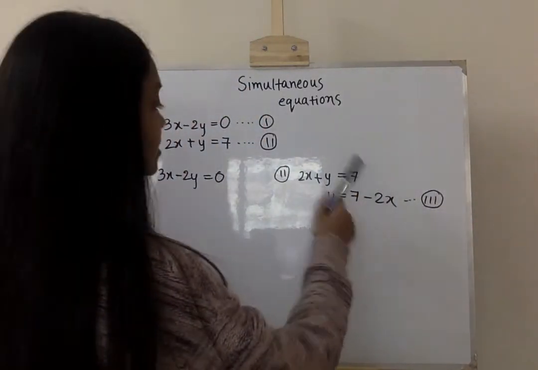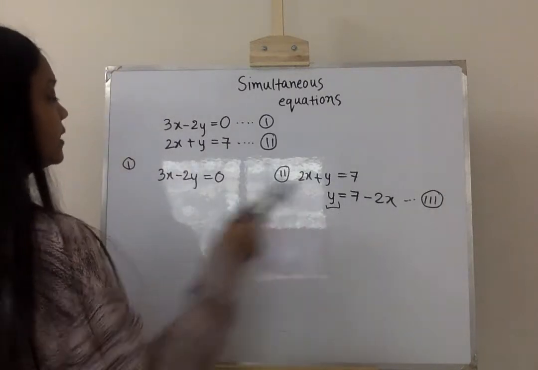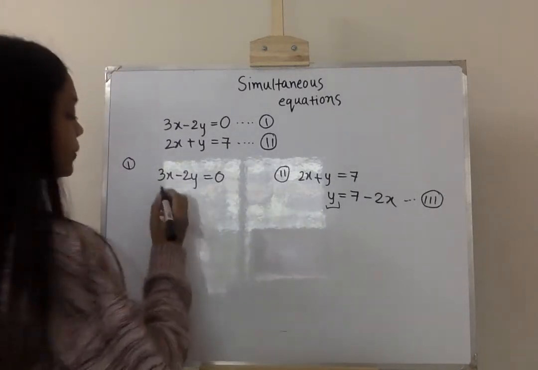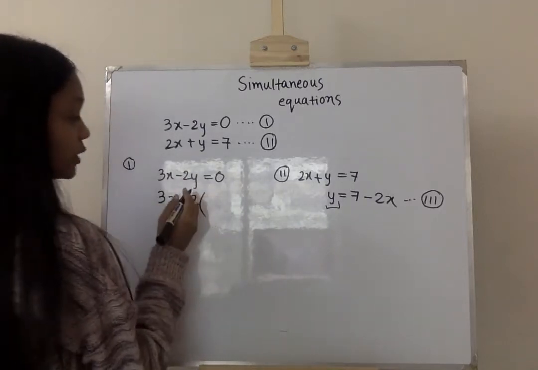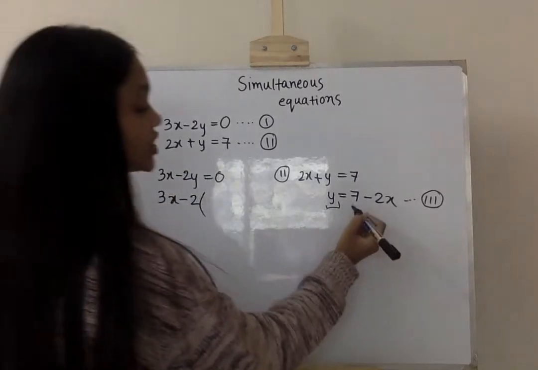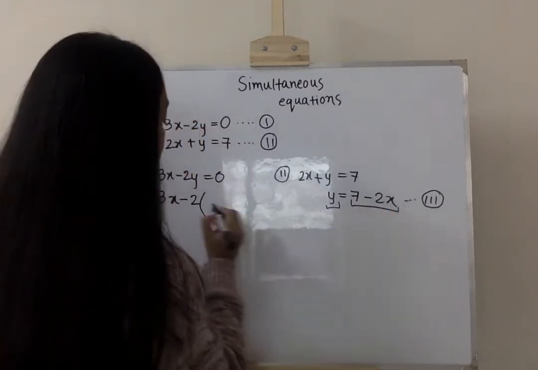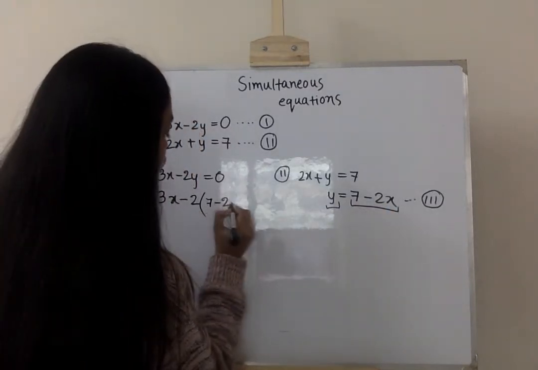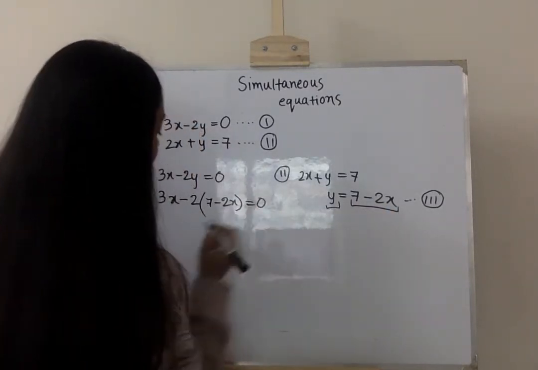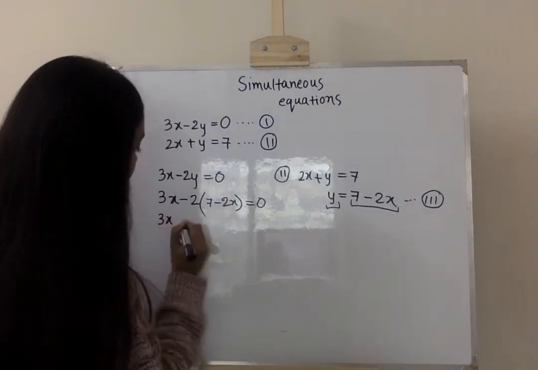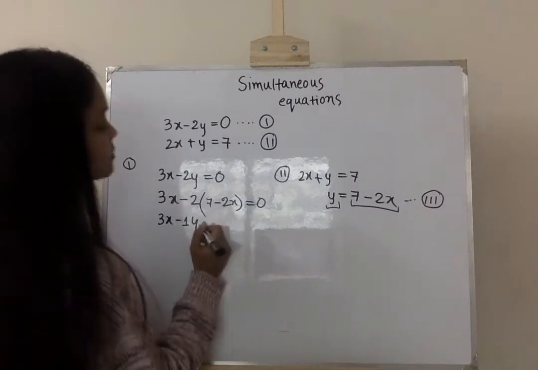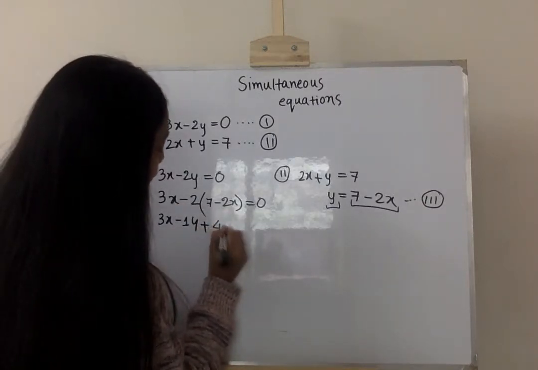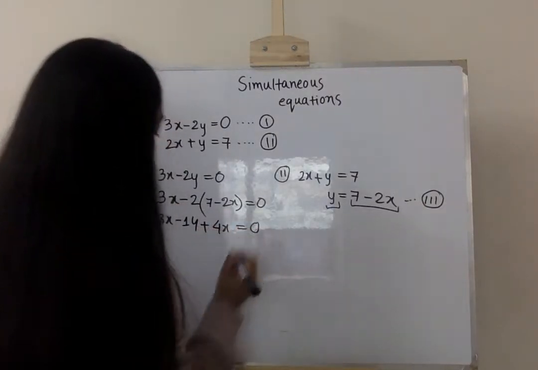We can take this third equation and substitute it into our first equation. 3x minus 2 times, we know the value of y in terms of x is 7 minus 2x, is equal to 0. 3x, minus times 7 is minus 14, minus times minus is plus, 2 2s are 4x, is equal to 0.